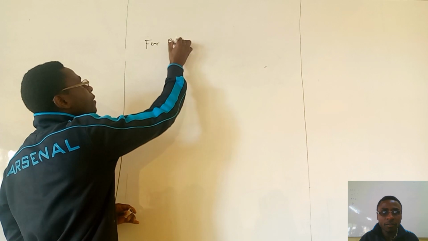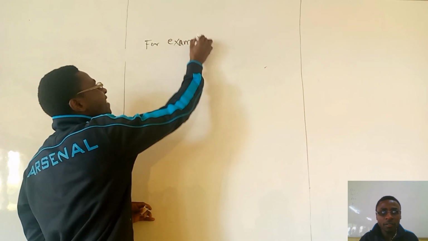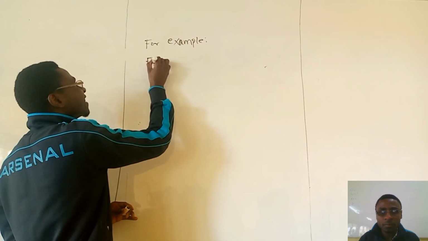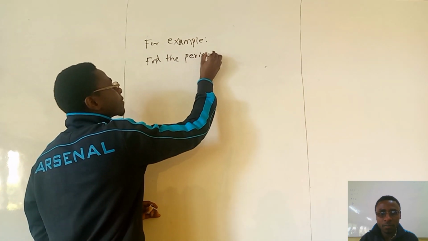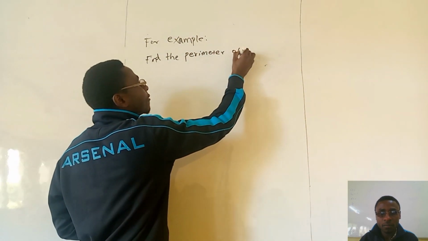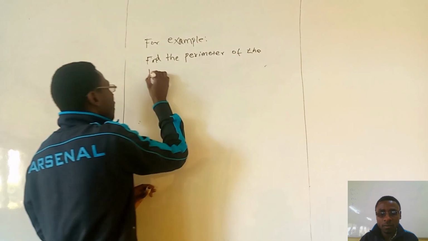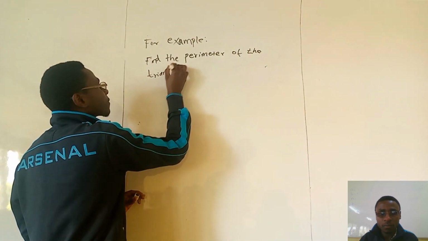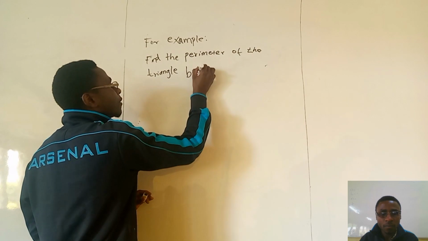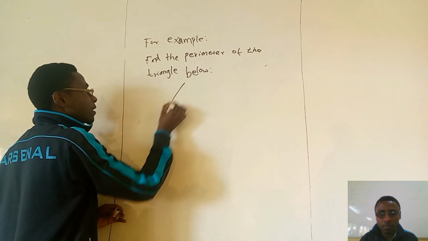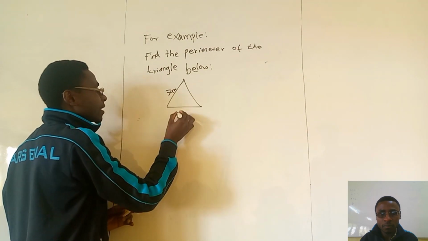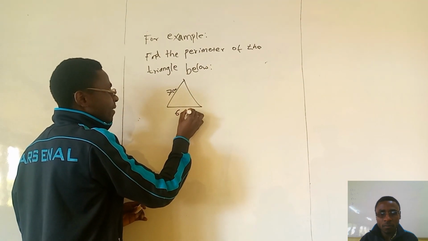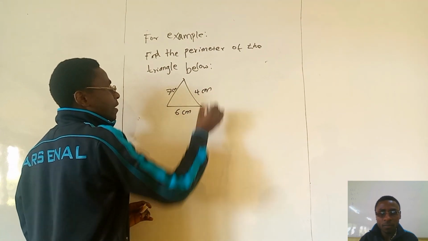For example, find the perimeter of the triangle below. This is a triangle with sides of 7 centimeters, 6 centimeters, and 4 centimeters.